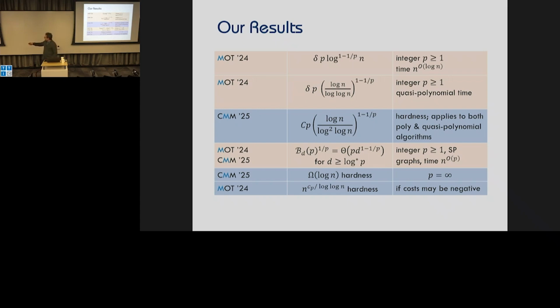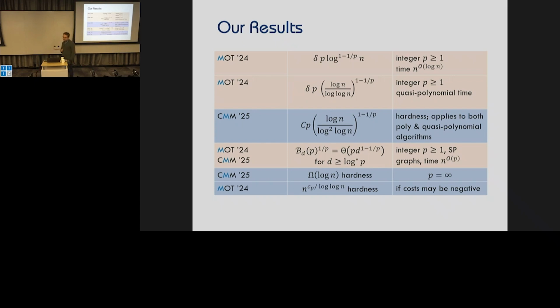For the positive results, we can plug in p equal to log n. In that case, the p norm and the L infinity norm are within a constant of each other. So we can get a result very similar to what Shelley et al. got, and here we can get a slightly better result, which is better by this log n factor.